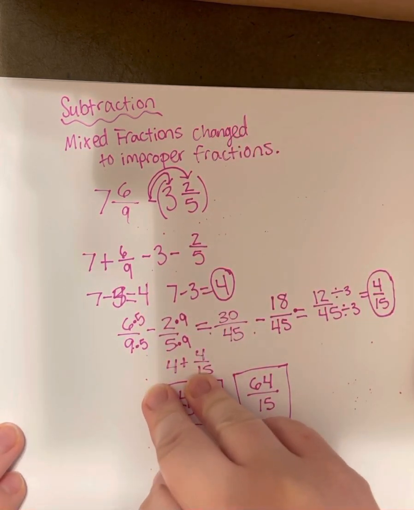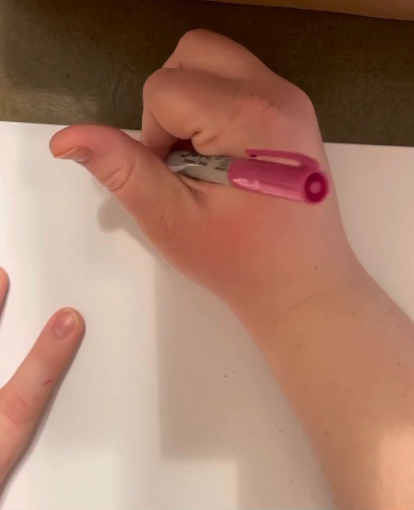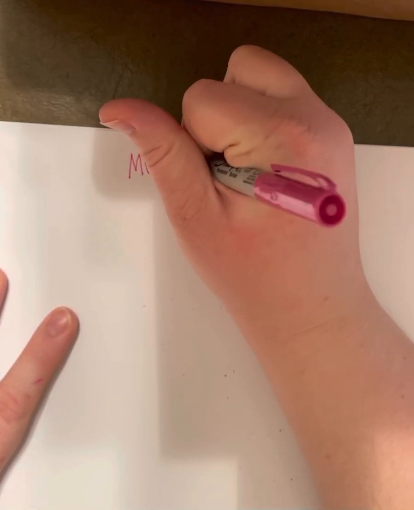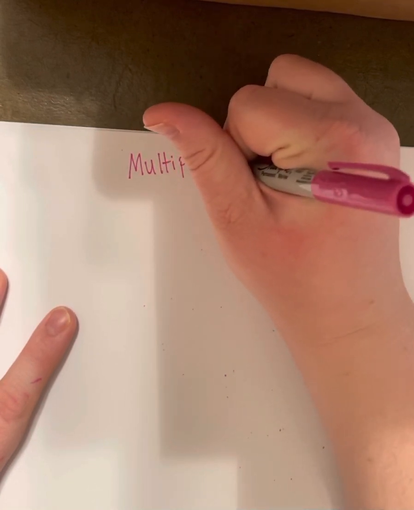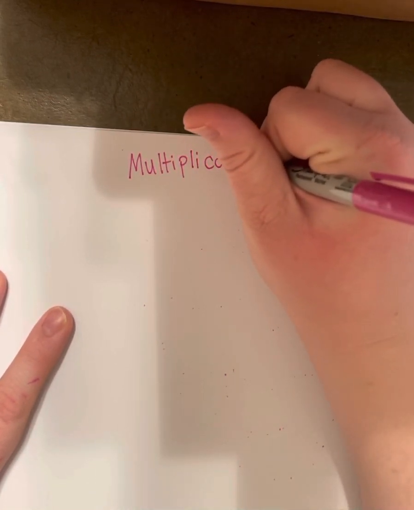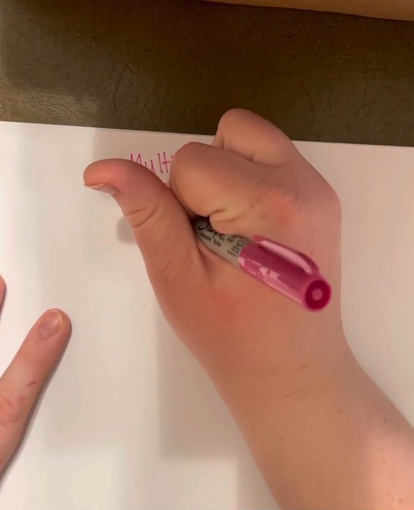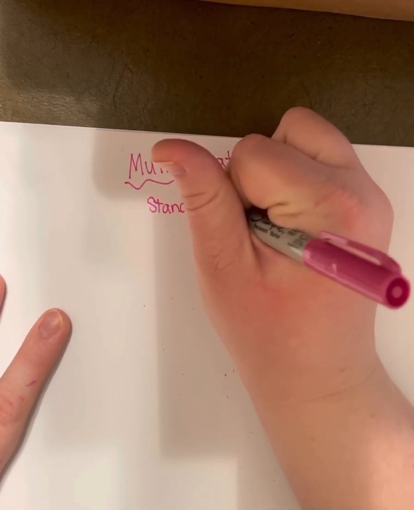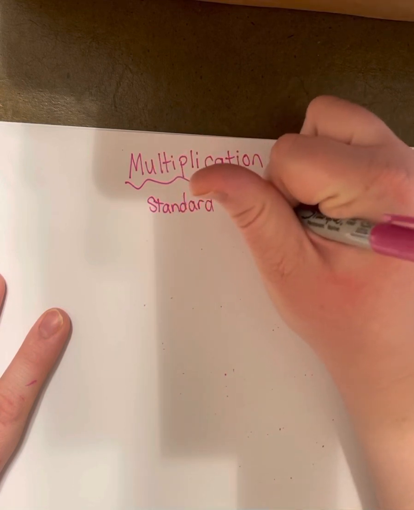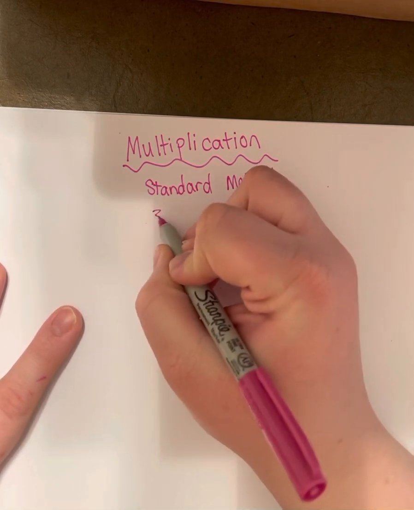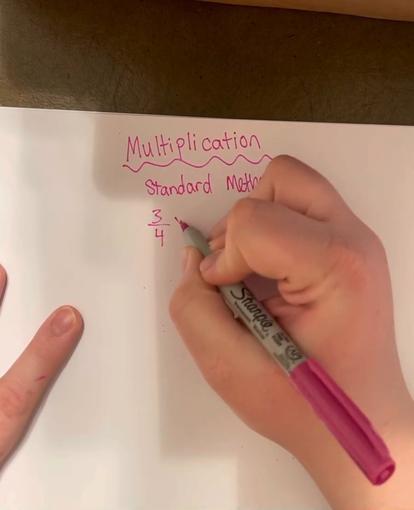Okay, so let's move on to our multiplication. And for multiplication, we're just going to do our standard method of multiplying fractions. For this problem, we are actually going to do 2 problems. So 3 over 4 times 2 over 3.